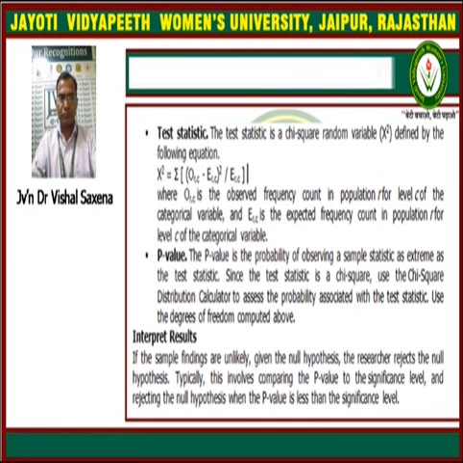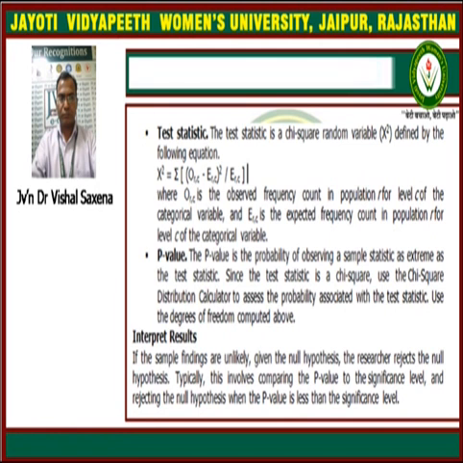Now the test statistic. As we know, in the chi-square test, the test statistic is chi-square, given by the summation of (O(r,c) minus E(r,c)) whole square upon E(r,c), that is, observed minus expected value whole square upon expected. This is the formula to find the chi-square value.